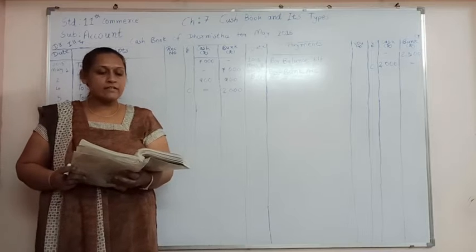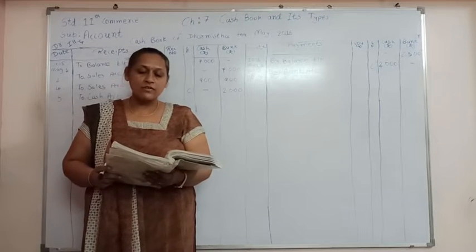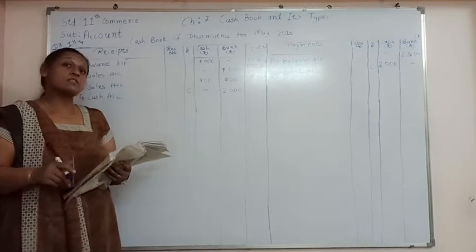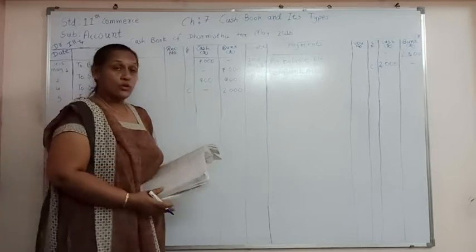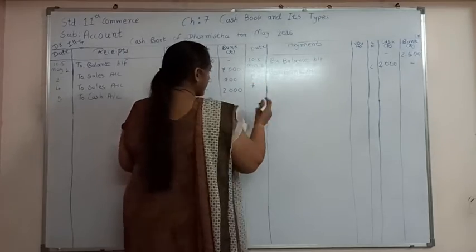Again, on date 7, machine of rupees 5,000 purchased. Cheque of the necessary amount is issued. So here we have purchased the machine, and we have made the payment through cheque. So for that we are going to write date 7.